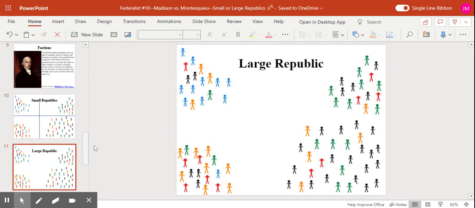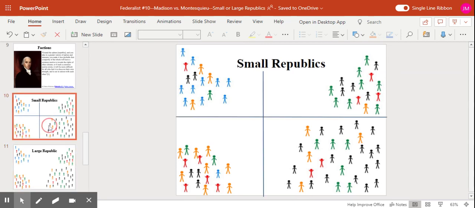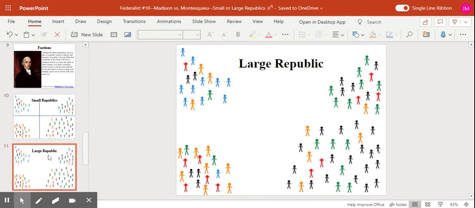But what I've identified as, I think, a logical inconsistency here is that if interest groups are a problem on the small level of small republics, won't they be a problem with a large republic? All the same factors are there, except it's bigger.